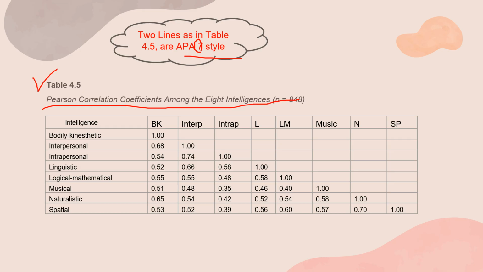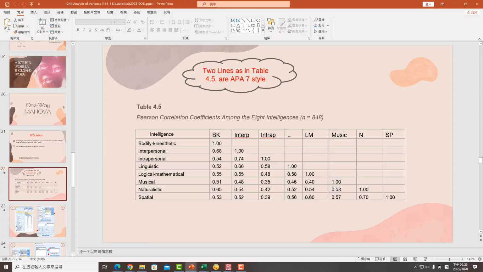Remember the full name is right here. That's an abbreviation. So bodily kinesthetic is called BK, interpersonal intelligence is called inter-P, intra-P, linguistic. That's the reason I made the Excel right here.